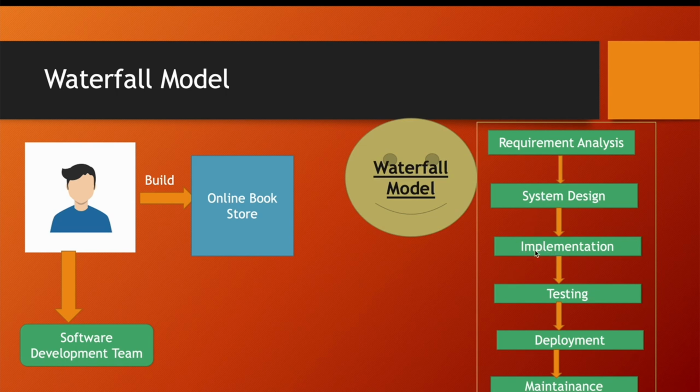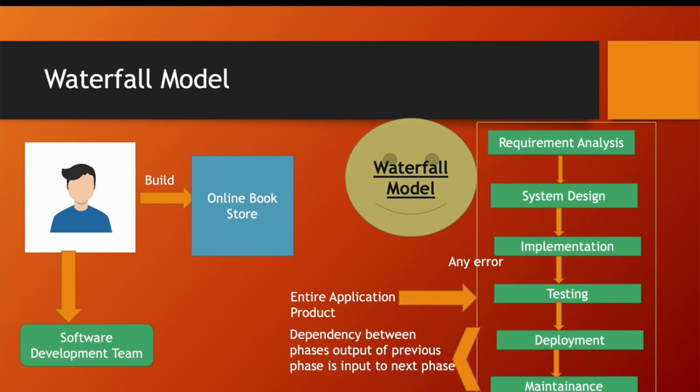If any error occurs in the implementation phase, it will be reverted back to the system design phase and the entire life cycle of the software development will be disturbed. Same thing I have mentioned here: this overall model is treated as an entire application product. Also, if an error in the current phase is identified in the next phase, we need to go back to the previous phase and start the fix again from scratch.